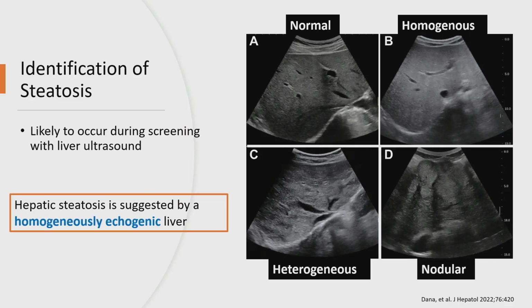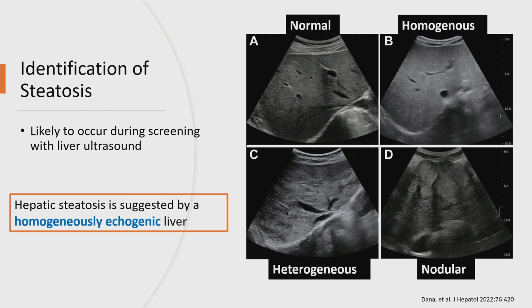So how do we identify hepatic steatosis? The most common way, and it's likely found on the now recommended screening liver ultrasound, is described as a homogeneously echogenic liver. We have in the panels A as normal, and then the steatosis progresses.